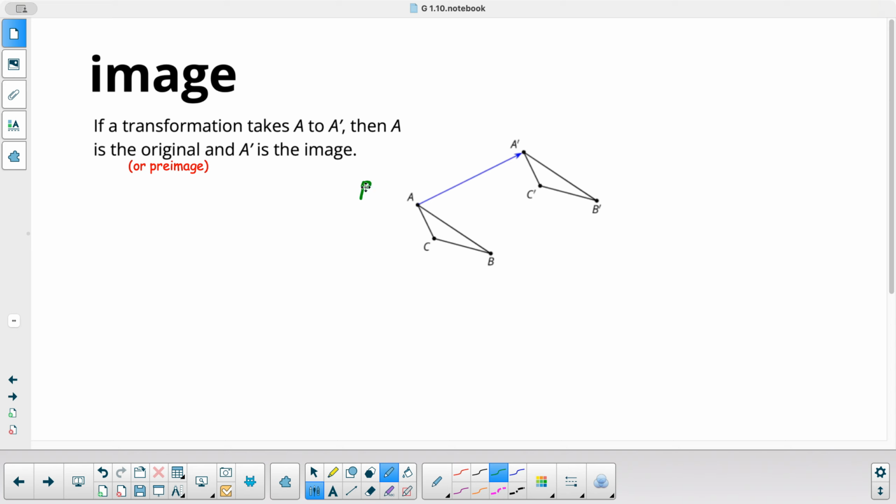So the pre-image would be triangle ABC, and then the image would be triangle A prime, B prime, C prime. The pre-image is your initial shape or figure or point even, and the new one is called the image.